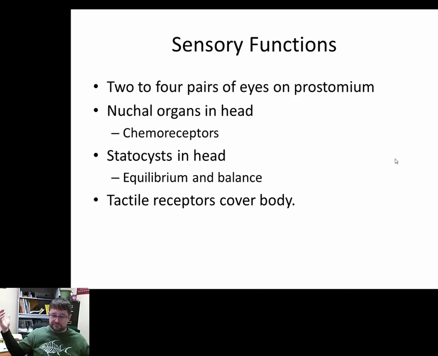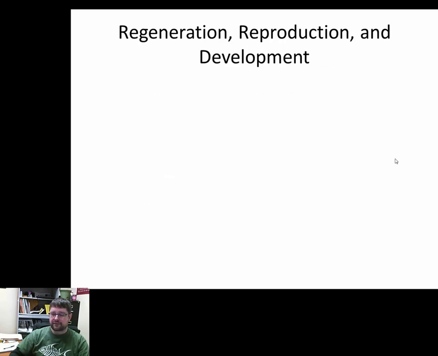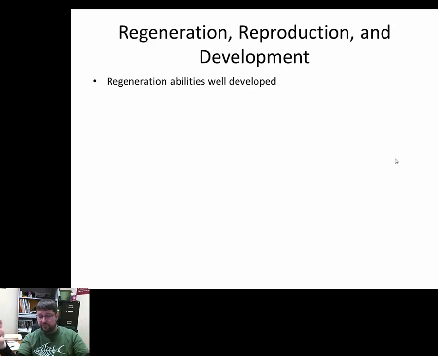Throughout the entire body, they have mechanical or tactile receptors, which sense sensations like water movement and touch throughout the entire organism's body. Some other unique features within polychaetes: they have regeneration abilities, as most individuals familiar with the phylum Annelida know.